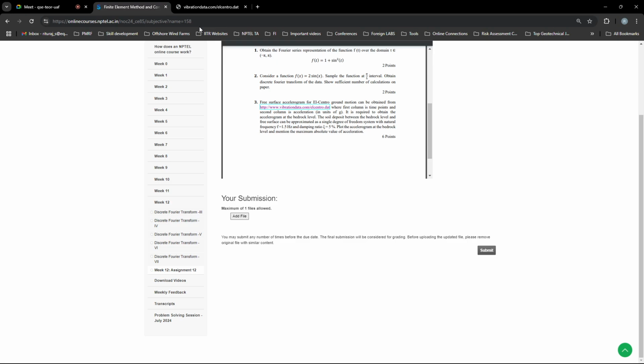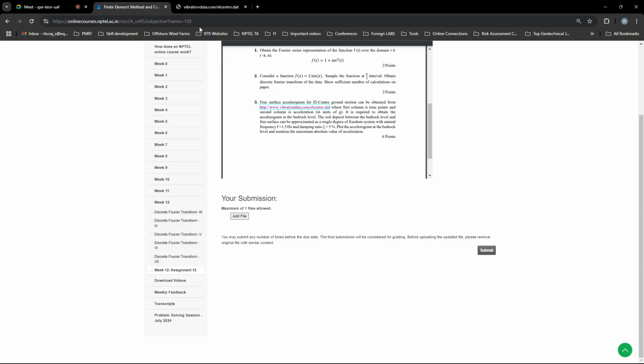Okay. So now you can go through that particular session in the slides, the application of discrete Fourier transform or the fast Fourier transform, and now you can understand how to transform this particular data so that we can obtain the original data at the bedrock level.